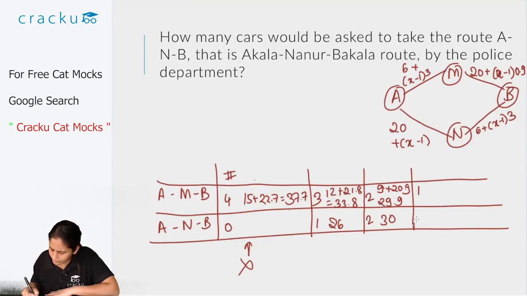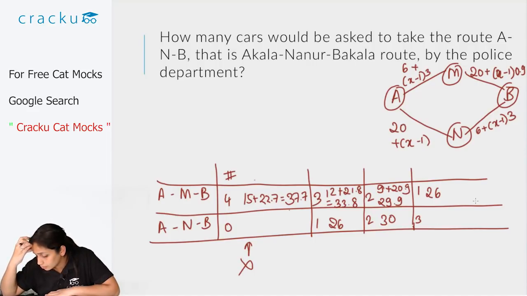If it is 1, 3, then this is 6 and 20, so this is 26. This will be 3 that plus 2, this is 22. 22 plus 12, that would be 38.